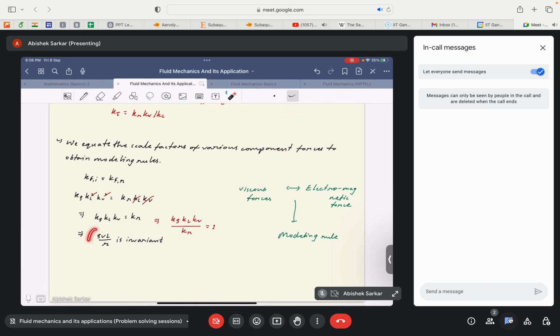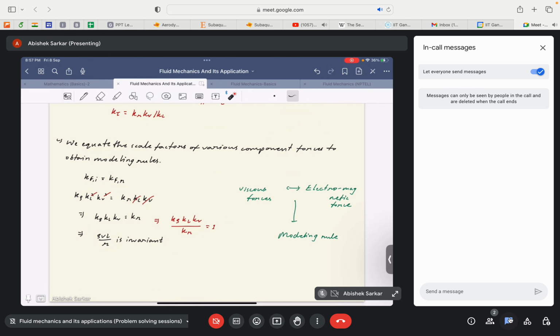It's actually the Reynolds number only. It's only the Reynolds number that comes into the picture, which essentially tells us that if we know the driving forces in the flow, the only non-dimensional number that we need to compare is the Reynolds number. That's the final conclusion. Okay.